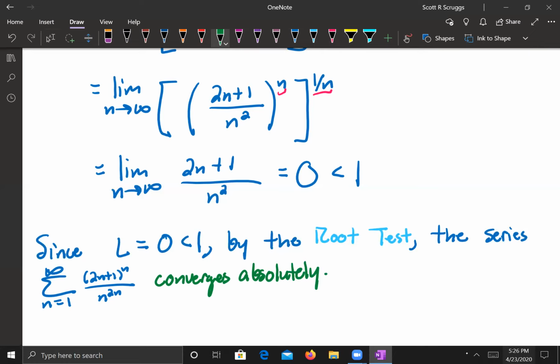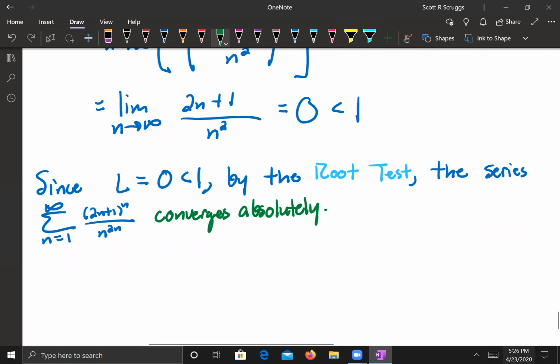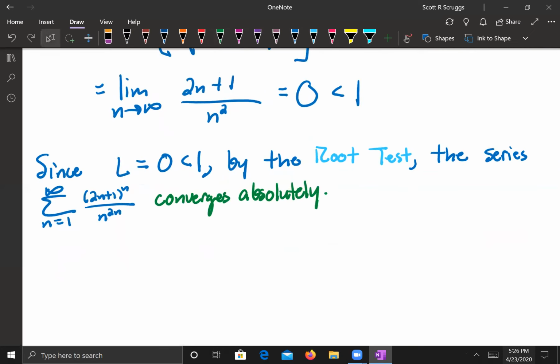Nice. Yep, and that's a really good question to ask, is when to check for absolute and conditional. So before we go on to the next example, I do want to discuss that, because that is one valid question to have. Is my convergence absolute convergence or conditional?